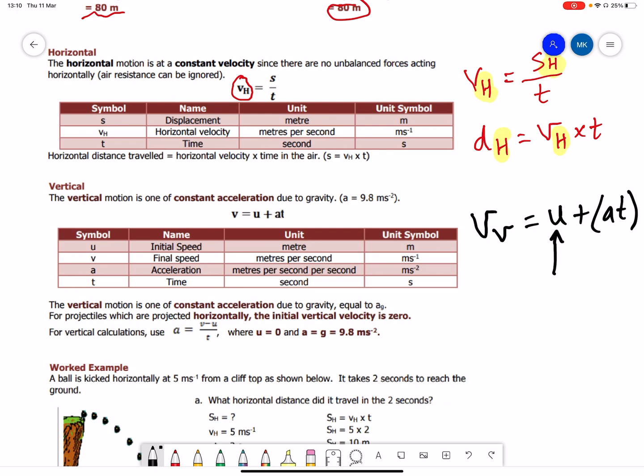And for vertical velocity, the initial speed is always 0 meters per second. The acceleration is the acceleration downwards, remember, because it's vertical, and our acceleration downwards is gravity, which is 9.8 meters a second squared.